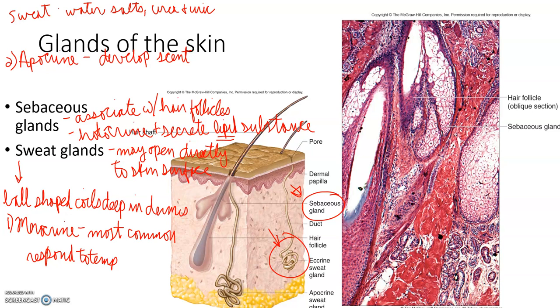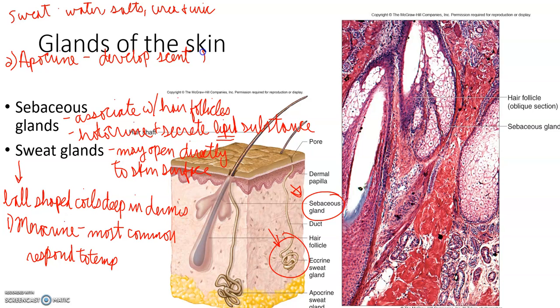Merocrine glands release their products via exocytosis. Apocrine glands have portions of the cell that pinch off. We talked about how not the entire cell, but chunks of the cell sort of deteriorate and get squeezed off. And it's the case that bacteria feed on those parts of the cell that get pinched off.